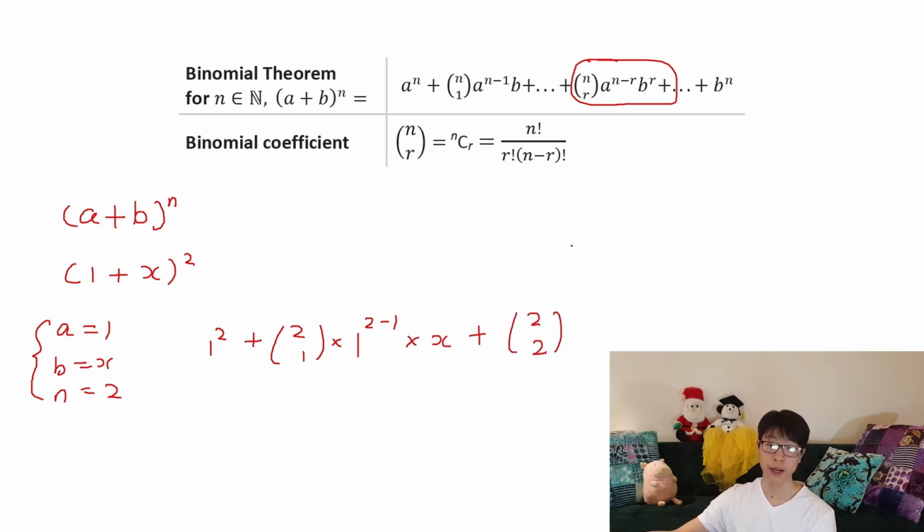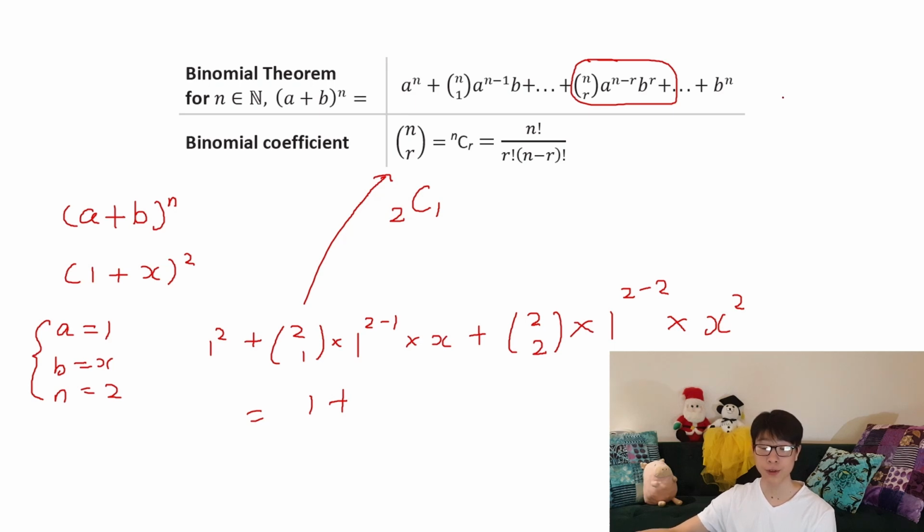And this is actually already our last term, but we'll just use this to show you why it is the last term. And multiplied by 1 to the power of 2 minus 2, multiplied by b, which is x, to the power of 2. And if we simplify everything, we'll find that 1 squared is 1, plus 2 on 1 in the brackets. This is actually the same thing, if you refer to this equation right here, as just 2C1.